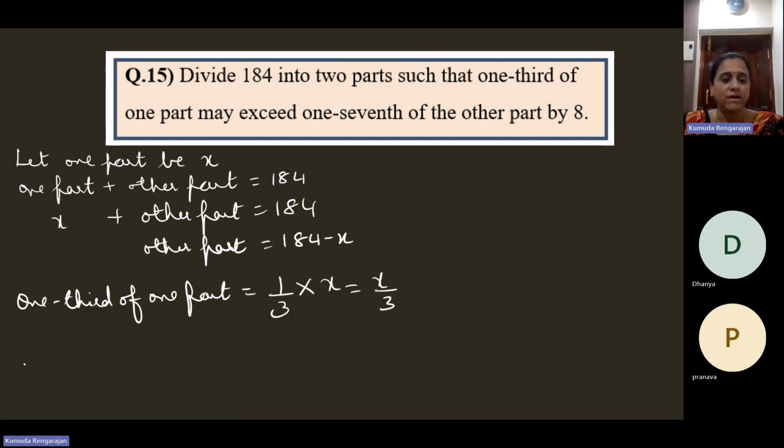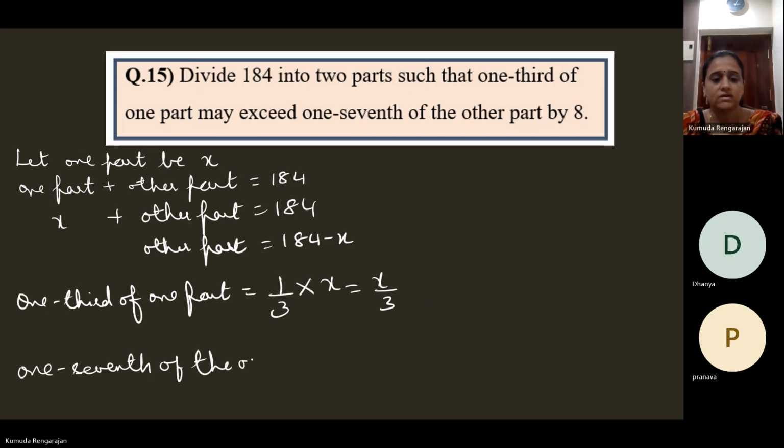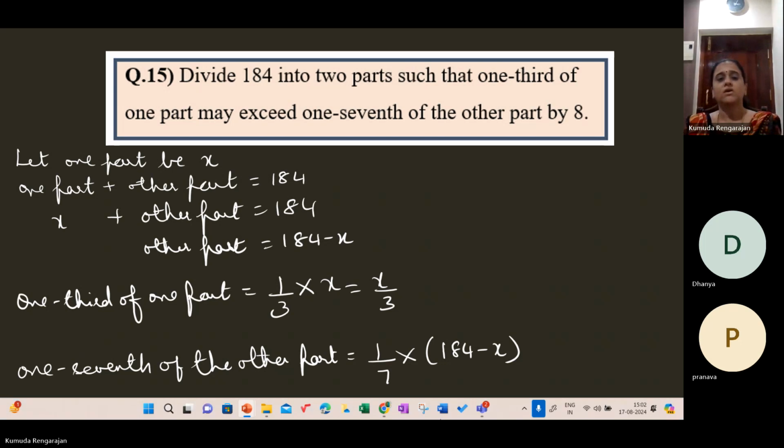Now 1/7 of the other part: 1/7, of means into, and the other part is 184 minus x. So 1/3 of one part is x by 3, and 1/7 of the other part is 184 minus x by 7.